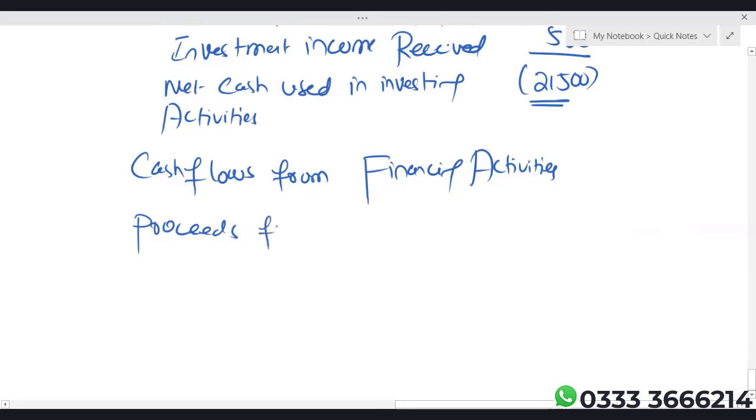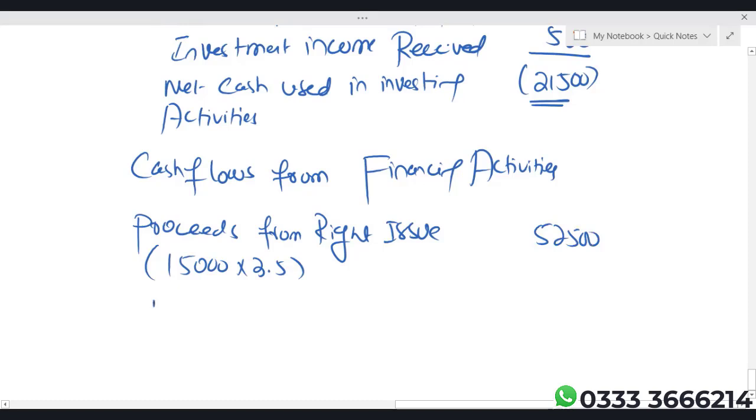Proceeds from right issue. It was 15,000 multiplied by 3.5, which is 52,500, and dividend paid. We have calculated dividend paid.